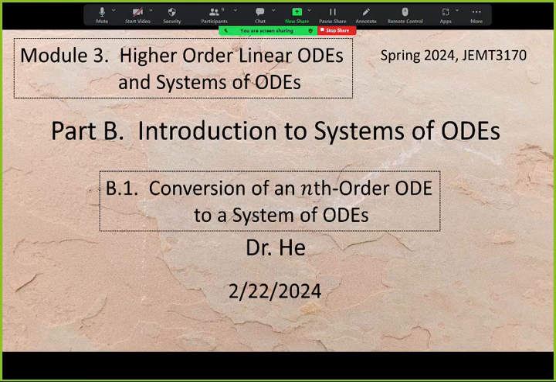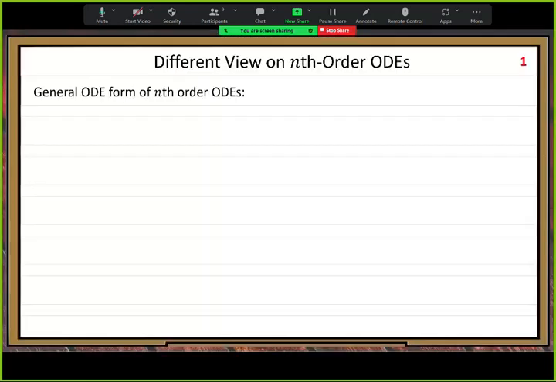We finished that topic Monday. Now we have that background, and we want to start with the nth order ODE. This is a general equation. Now we take this approach.